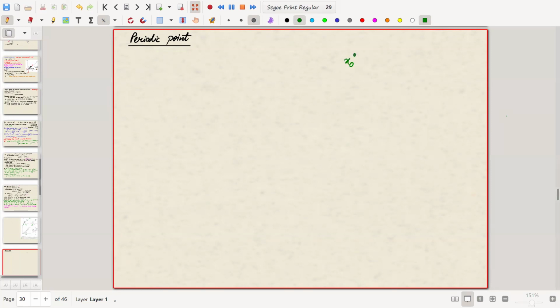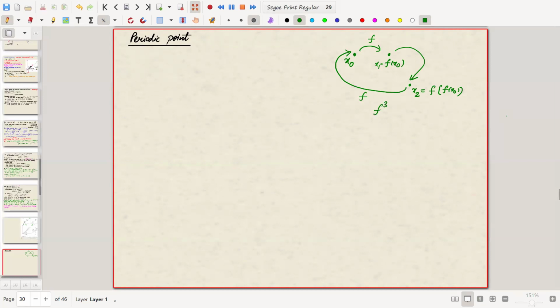You start from x naught, iterate your map f, go to f of x naught. This is x1, the next point. Iterate your map again, go to x2. That is f of x naught or f of x1. Suppose now after iterating, you are again going back to x naught. Then what is the period of this? 3. Why?